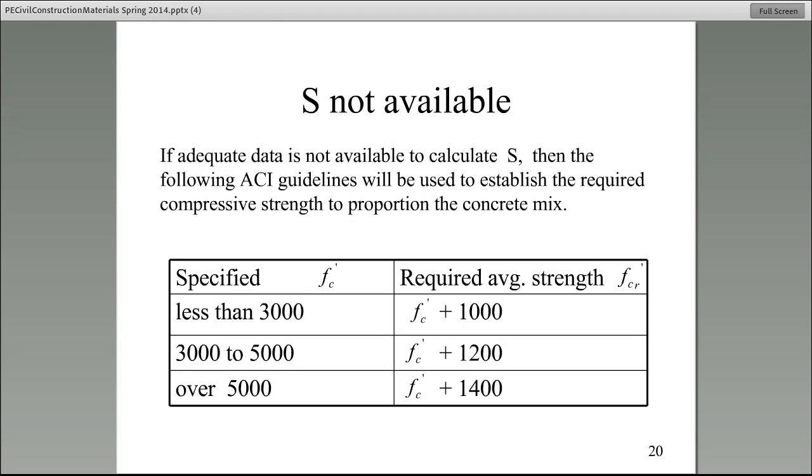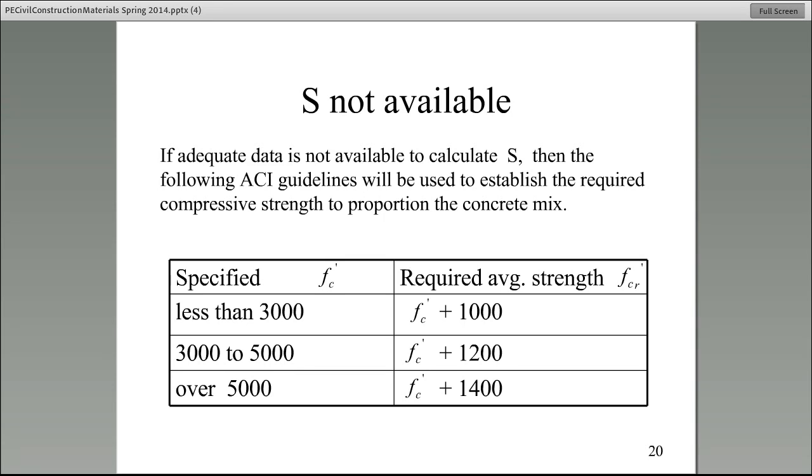or you are away from the location of the concrete supplier.